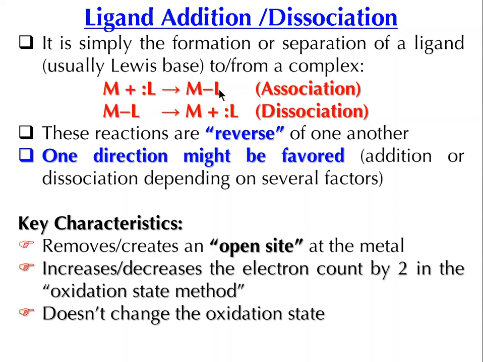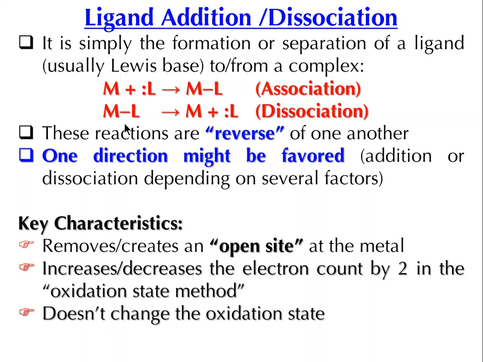In thermodynamics, if the ML state is less stable than the initial state of M, the addition of this ligand is practically impossible. So this is an association of the ligand, or ligand addition.